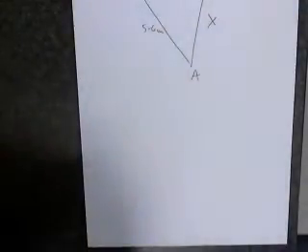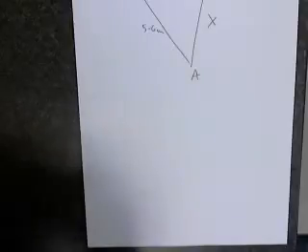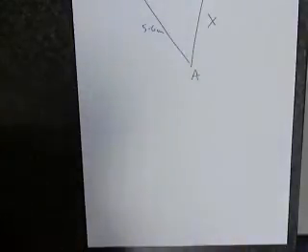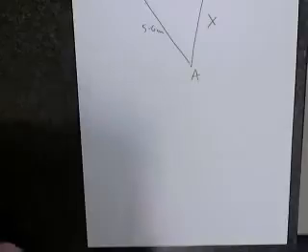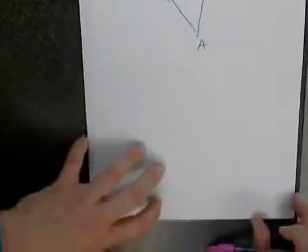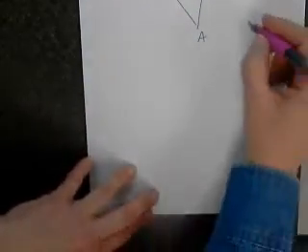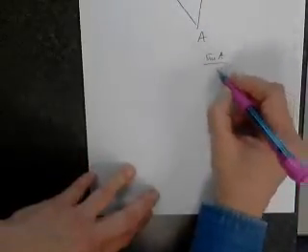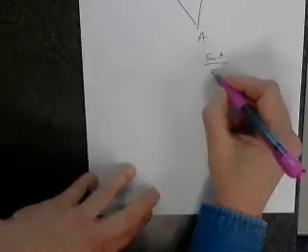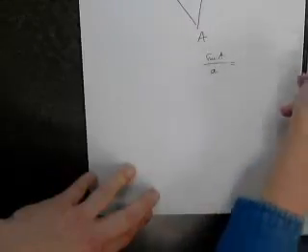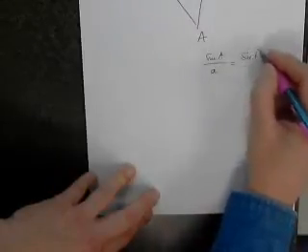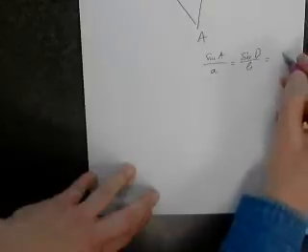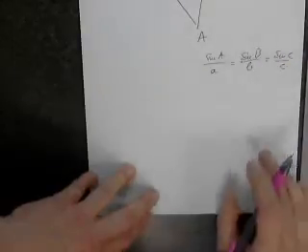So we know BC, we know AC, we know the angle between, or angle C. I have two options. Law of sines is sine A over a equals sine B over b, that's one option.